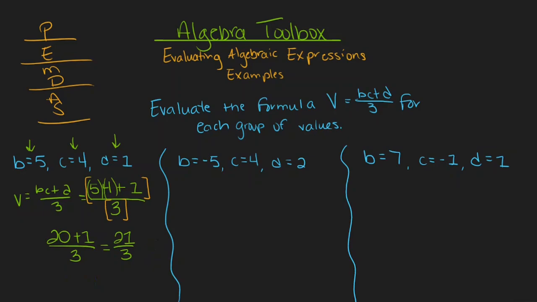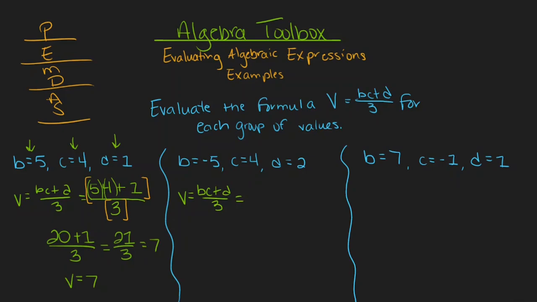Let's take a look at what happens when the values of B, C, and D change. We'll find that the order of steps that we have to take because of order of operations remains the same, but what numbers we get when we simplify each of those steps will be different. So again, the first thing I need to do is plug in the values for B, C, and D in this example. So we started off with BC plus D over 3 again.